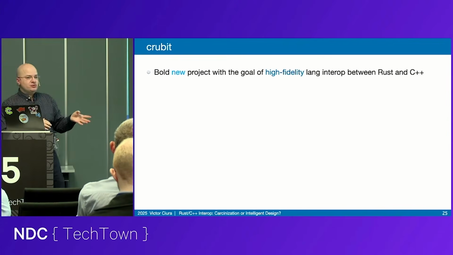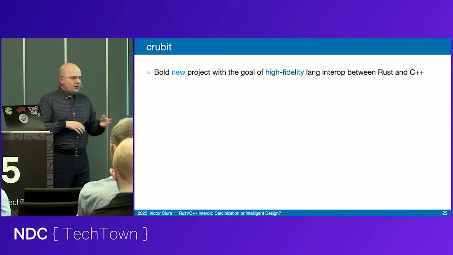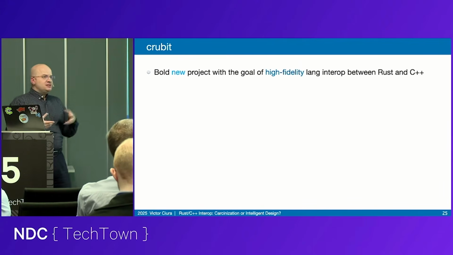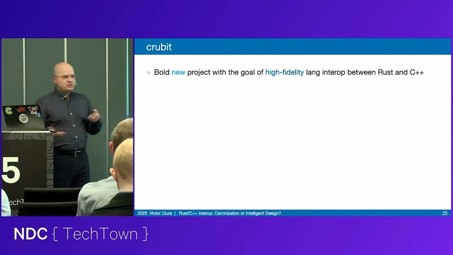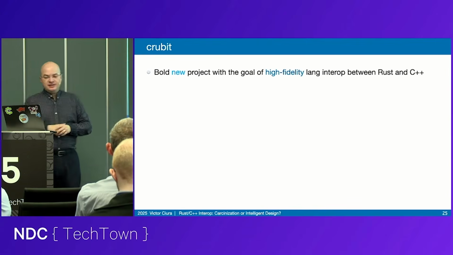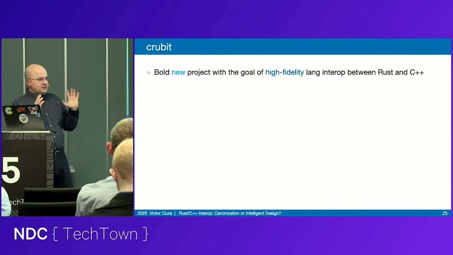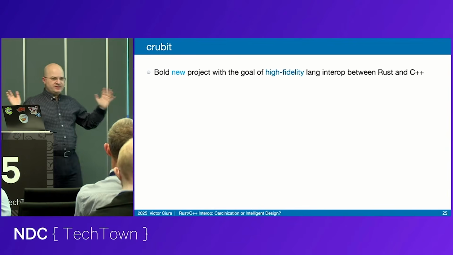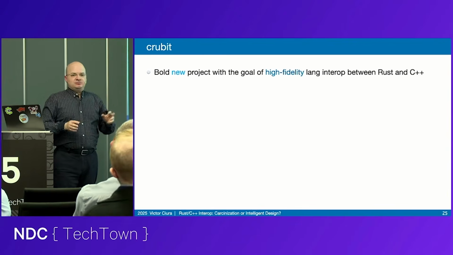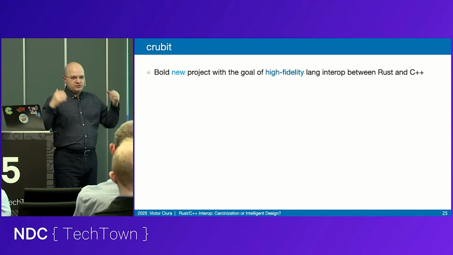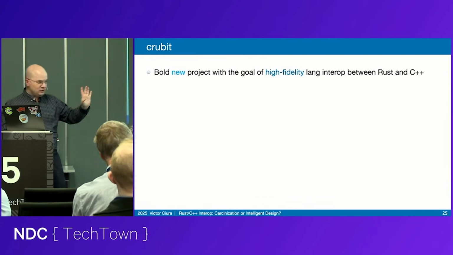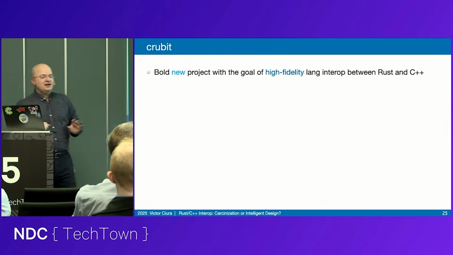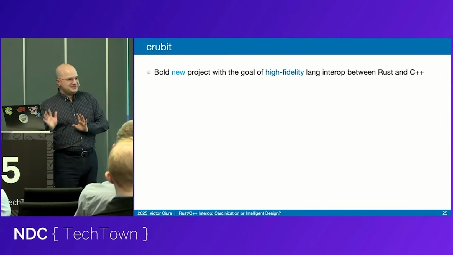If the others you saw before were in the camp of, okay, let's provide the most common things that I think you're going to need, or most people would want, and just ignore the rest, this has a goal of high fidelity mapping. We want to support every crazy thing you can do in C++, even templates, right? We plan to support it. It's not there yet. Don't get too excited. I said it's a new project.